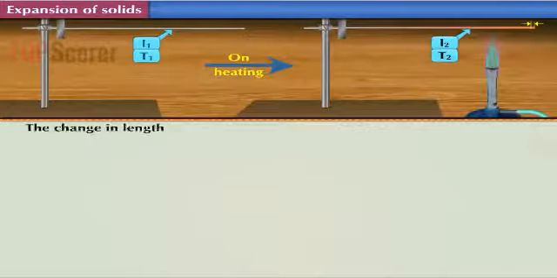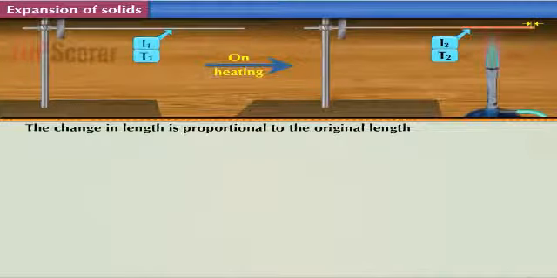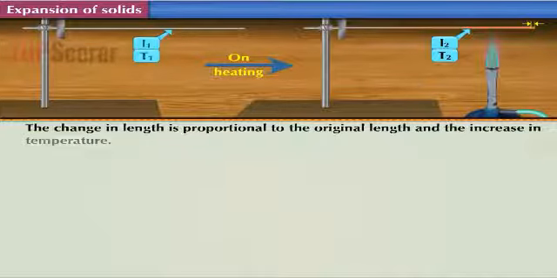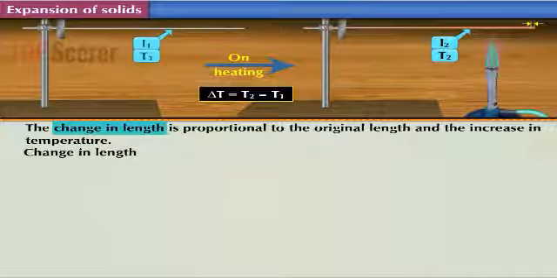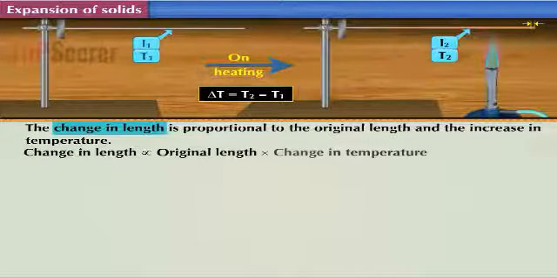The change in length is proportional to the original length and the increase in temperature delta T, that is T2 minus T1. So we can write the change in length as directly proportional to the product of original length and change in temperature.